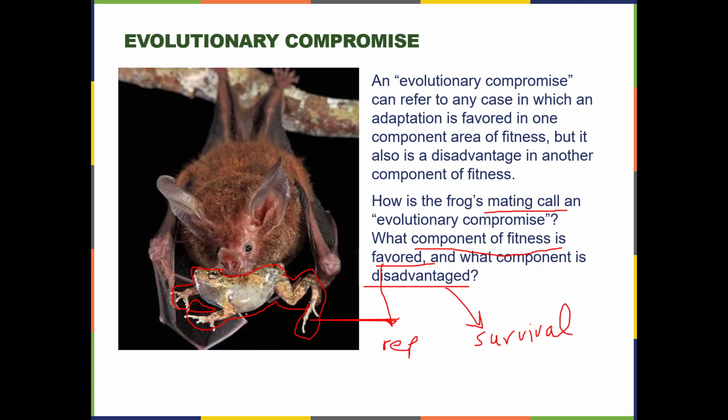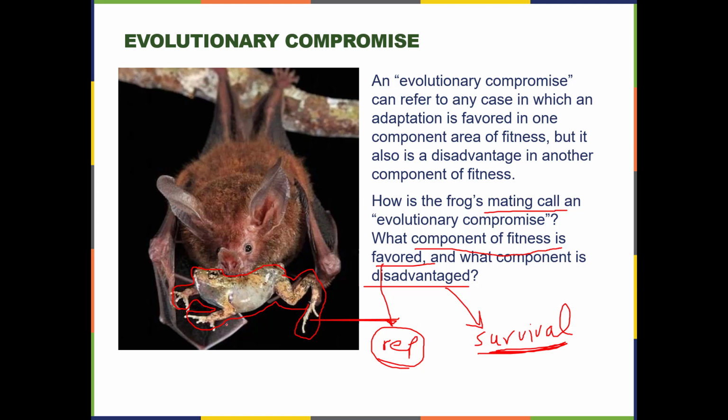In the end, because these frogs are still around and reproducing, we would assume, based on results, that the reproductive advantage outweighs the risk of death. We're making that as a guess because the frogs are still around.